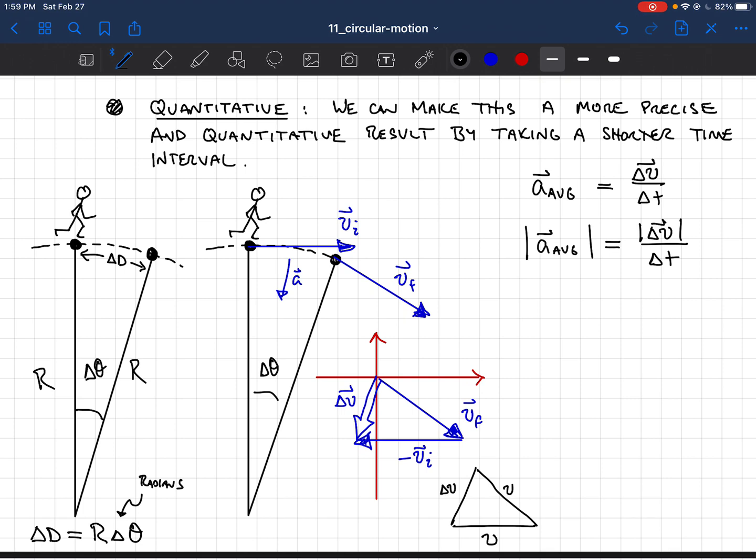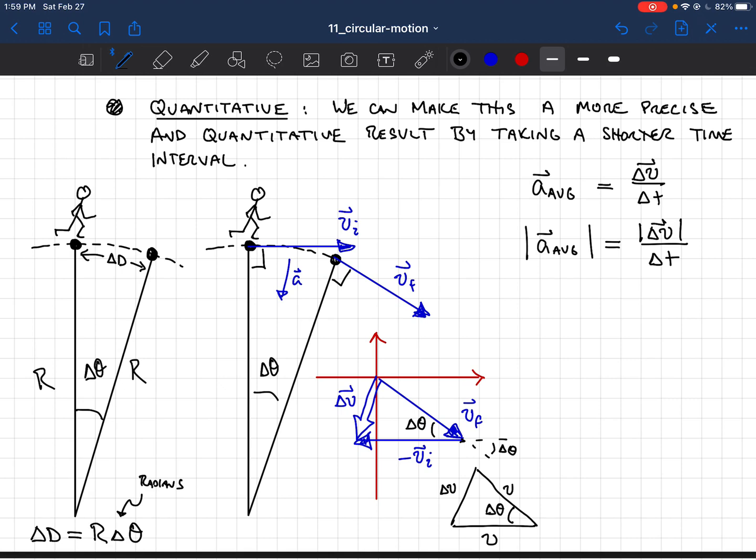The opposite side here will be the delta v magnitude, and then the angle, well, if you look at this picture up here, you see that the angle will be exactly the angle between the two vectors, and that's because the vectors are always perpendicular to this radius, and therefore if the angle goes over by delta theta in the circle, then the final vector will come down by exactly that same amount relative to the initial vector. So this is delta theta, and this is delta theta, or in our triangle, we have delta theta here.